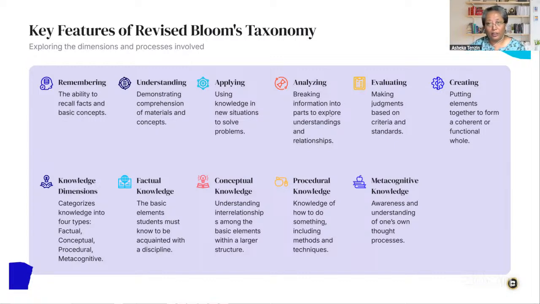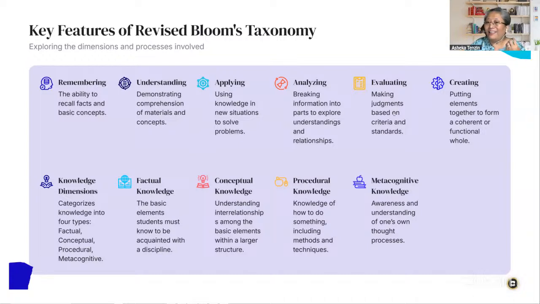Okay, here you are breaking information and trying to explore and understand if there are any connections between the things you have learned. The next level of Bloom's taxonomy is evaluating. Here you will make judgments. Okay, and these judgments are made with evidence. You will have to give evidence for making these judgments.